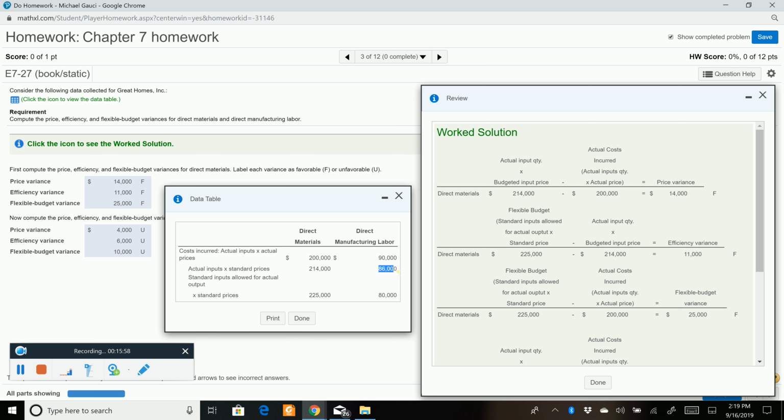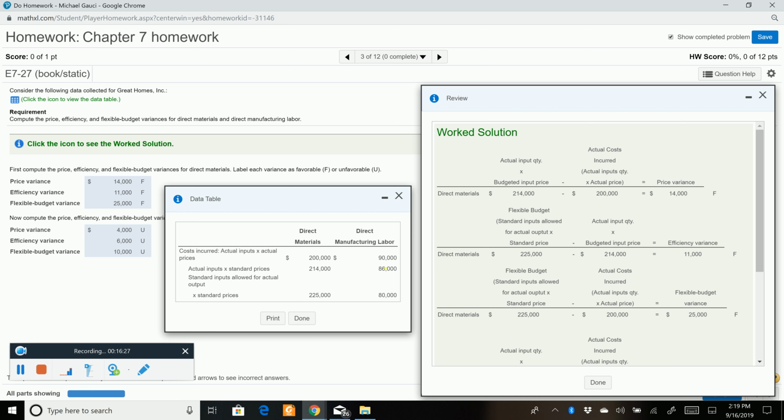The middle column is going to be the actual hours times the standard rate. When you compare the 90,000, which is based on actual hours times actual rate, and the 86,000, the actual hours times the standard rate, you can see that using the actual rate, it came to $4,000 more. That is an unfavorable rate or price variance.